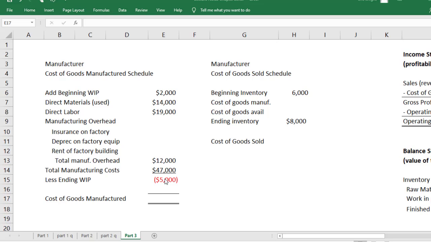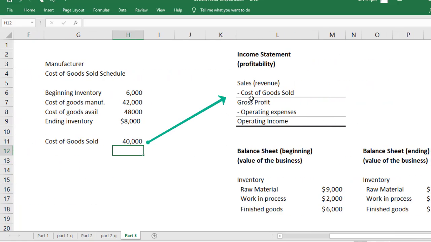I subtract that from the $47,000 and I get $42,000. That is what goes over here in my cost of goods sold schedule. That means I have $48,000 in cost of goods available for sale. My ending inventory is $8,000. That leaves me with $40,000 as my cost of goods sold, which will then be pulled over into the income statement.